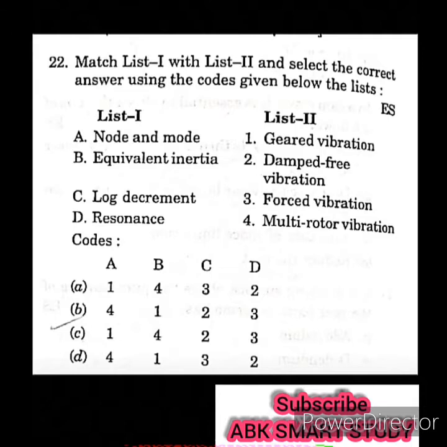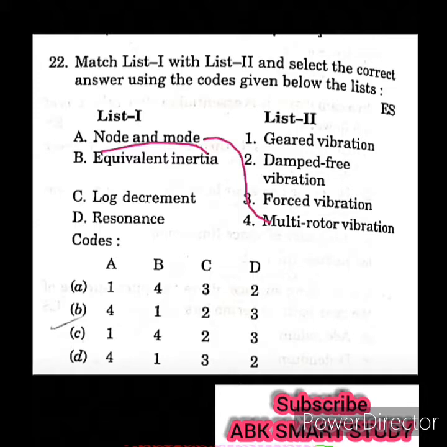Match list 1 with list 2 and select the correct answer using the codes given below the lists. So list 1 and list 2 are given. Here, A: node and mode in multi-rotor vibration.